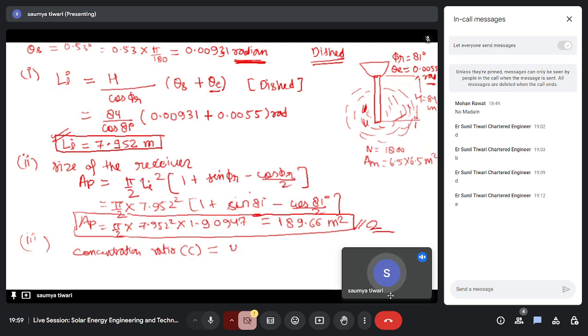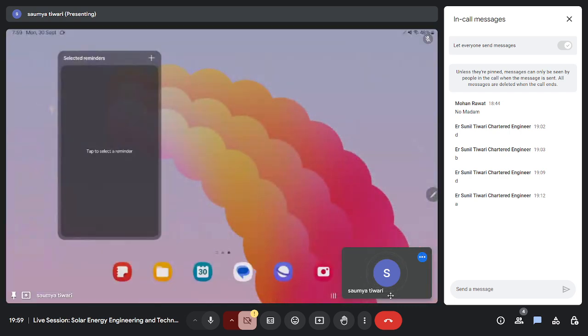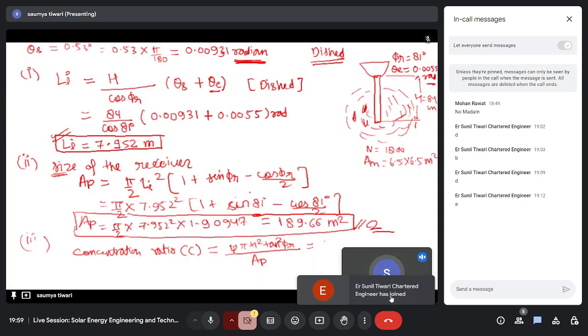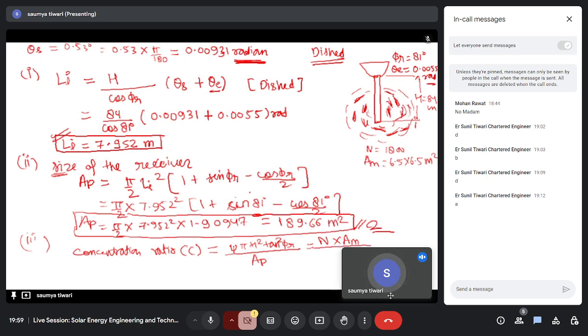If you remember the formula, it will be pi h square tan square phi r upon your receiver area AP, that we have just calculated. Or you can write in simple terms, your absorber area is basically your aperture area. So it will be number of heliostats into area of each heliostat. This will be your aperture area, and your receiver area is the AP value you have just calculated.